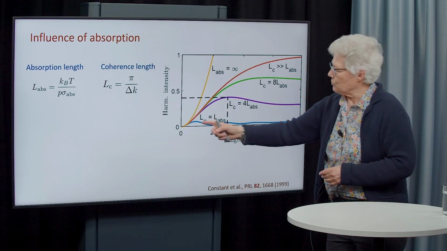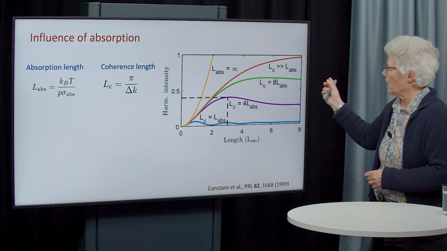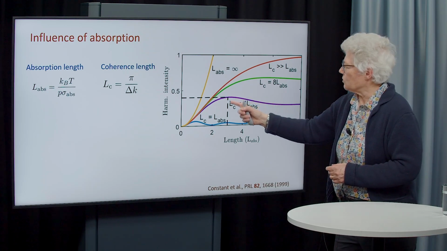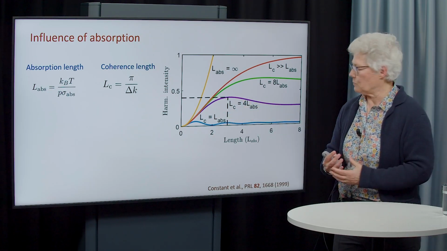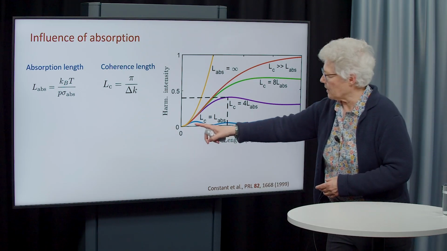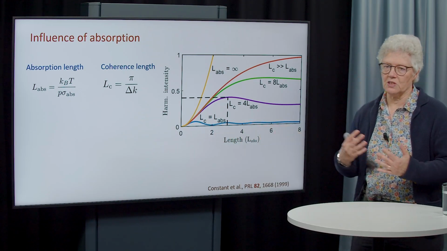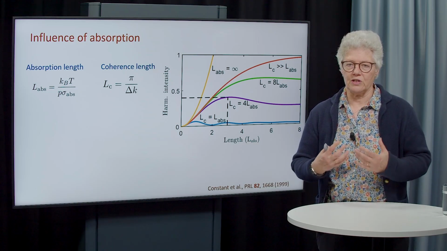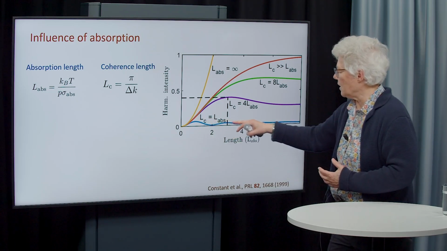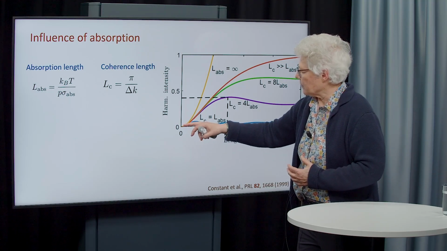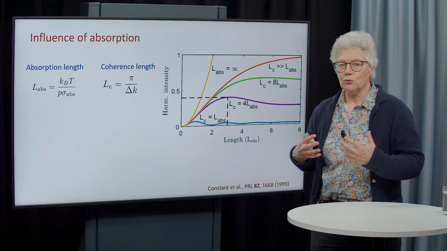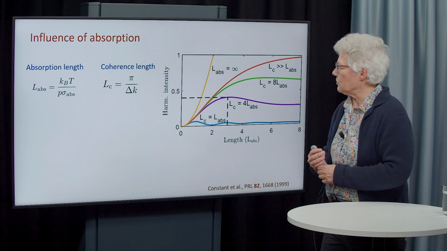And you can see that you have different types of behaviors depending on the ratio between the coherence length and the absorption length. We can start with the blue line here, which means basically that you have no good phase matching and you have oscillations, which means that the harmonic field does not grow in the nonlinear medium.